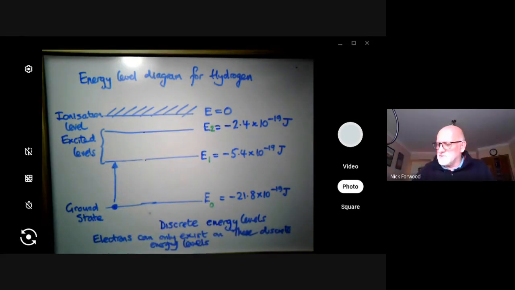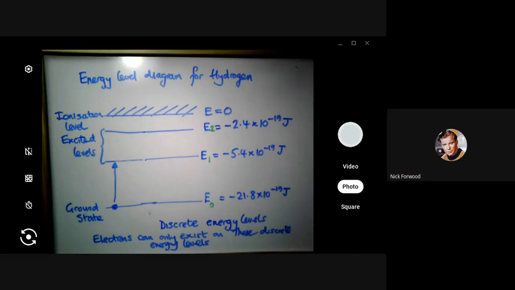Now, how much energy would you need to get an electron from there to there? Well, it's really easy to calculate this. What you do is you take 5.4 times 10 to the negative 19 away from 21.8 times 10 to the negative 19. Because these are negative 19s, I can dispense with them.